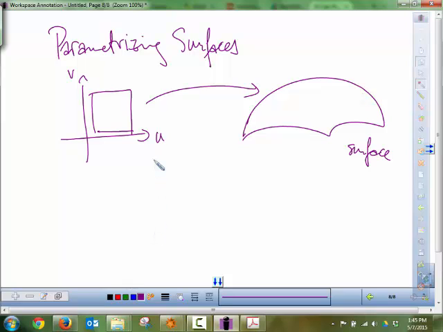So really what you have here, if I want to use my notation, is this function, this parameterization that I have, takes something from 2 dimensions over to 3 dimensions.